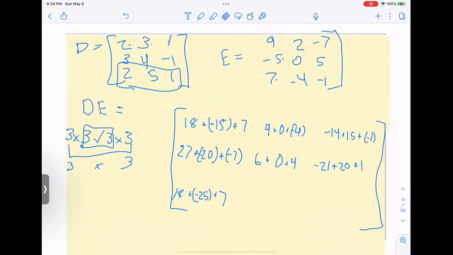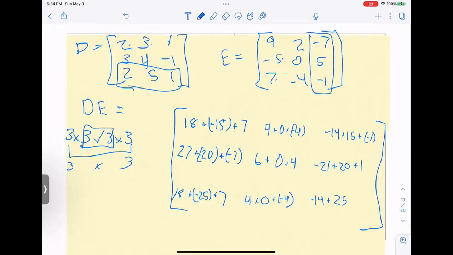And we do third row times second column, which is 2 times 2, which is 4, plus 0 times 5, which is 0, plus 1 times negative 4, which is negative 4. And lastly, third row, third column, we have 2 times negative 7 is negative 14, plus 5 times 5 is 25, plus negative 1.